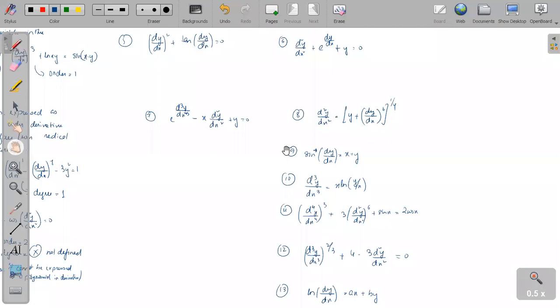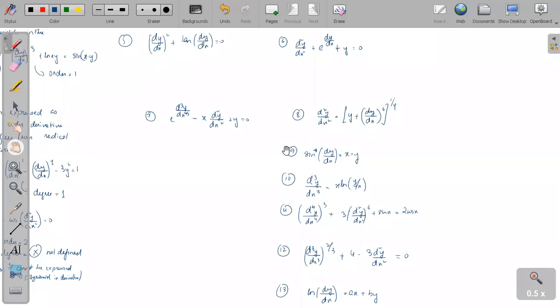Sir, only the highest derivative or all the derivatives? All the derivatives should be free from radical signs and free from other functions. Done, sir. Okay, fine. Very good.